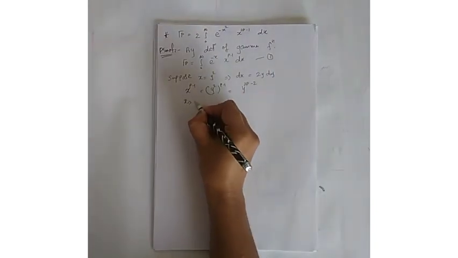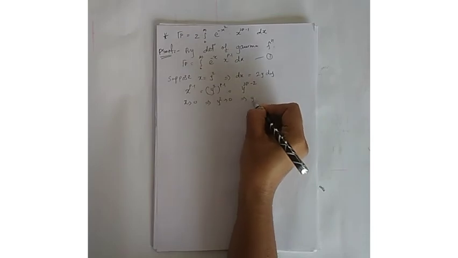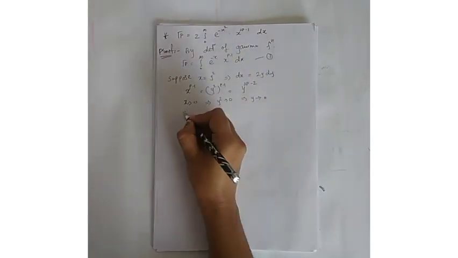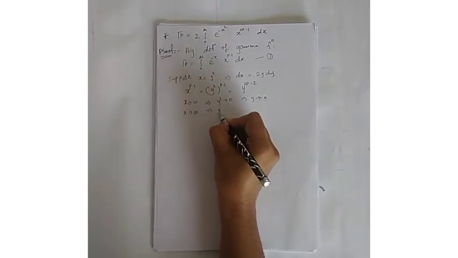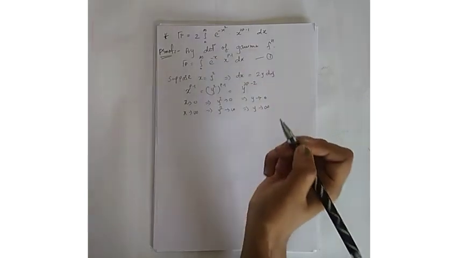When x tends to 0, y square tends to 0, which implies y tends to 0, and when x tends to infinity, y square tends to infinity, which implies y tends to infinity.